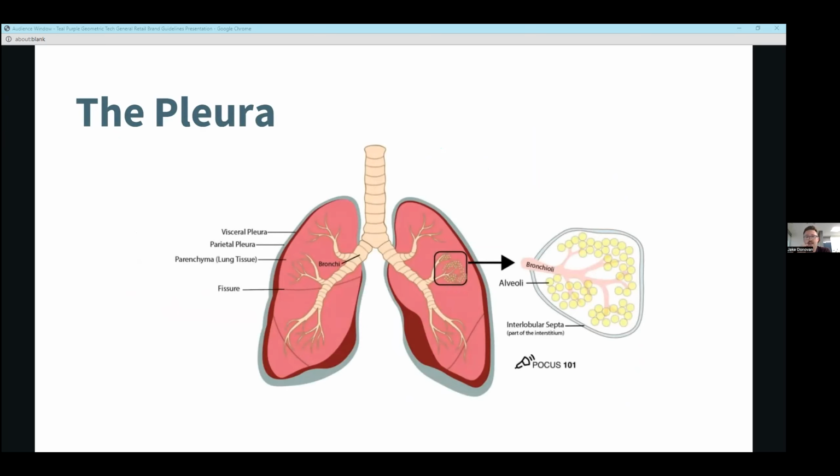There doesn't seem to be a great deal of value in doing that, and for most of us, it's just going to appear as a single white line, measuring about 0.2 to 0.3 millimeters. If you're inclined to measure it, you could say if it's thickened or not.